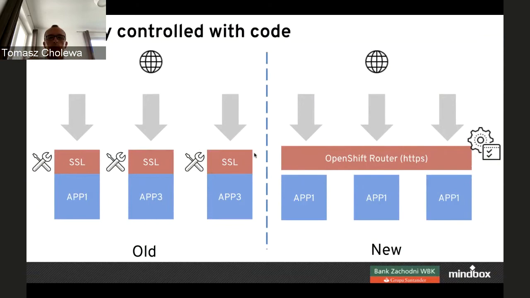And imagine a scenario where you need to, for example, change all SSL certificates for your apps. Using the OpenShift router, it is just a matter of changing it in a single place. And in a traditional old world configuration, changing anything on this very important security layer is just hard.